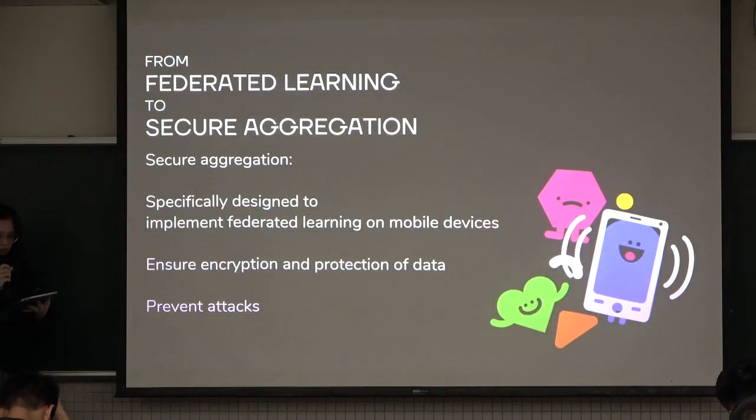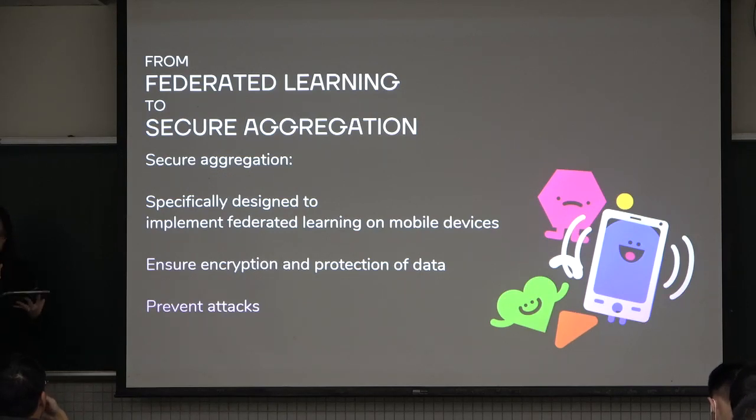Because the users need to update their model parameters, we must find a safe way to securely update them. So here comes secure aggregation. Secure aggregation is specially designed for our smartphones.